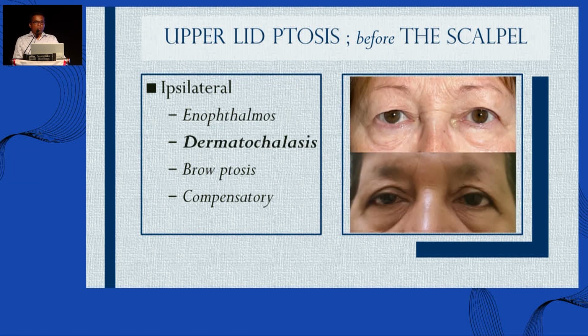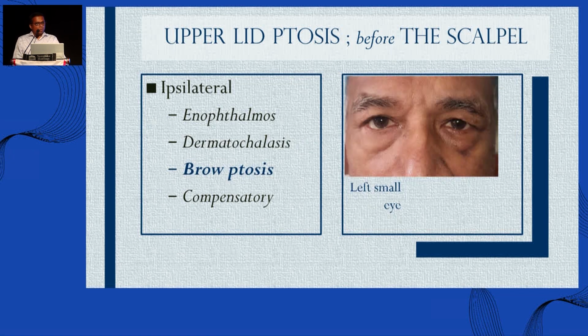And when you have dermatochalasis, the skin fold can come over the lid margin and hang forward so that it gives the appearance of a small palpebral fissure, giving rise to pseudoptosis. With brow ptosis, where you have facial nerve palsy, when the brow comes down, it carries the upper part of the lid skin above the lid crease downwards, and again, same as dermatochalasis, it can come down below the lid margin, giving rise to the appearance of a small eye.